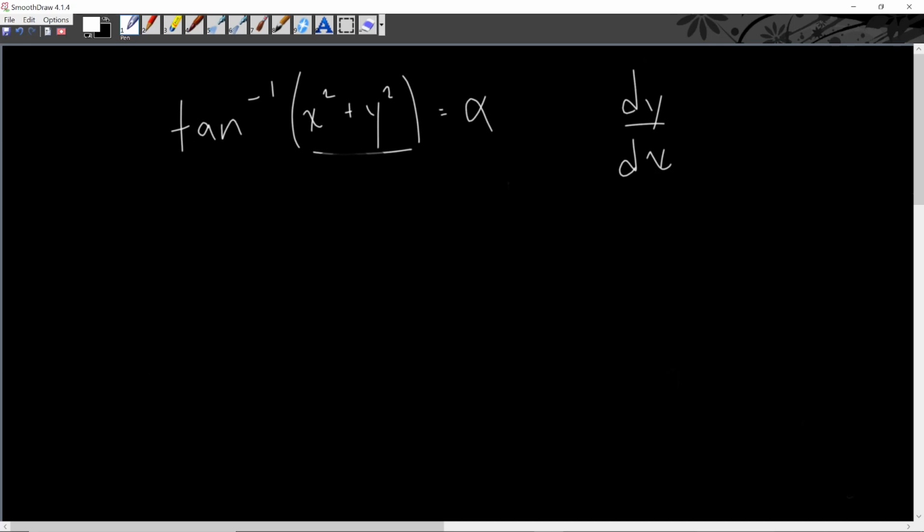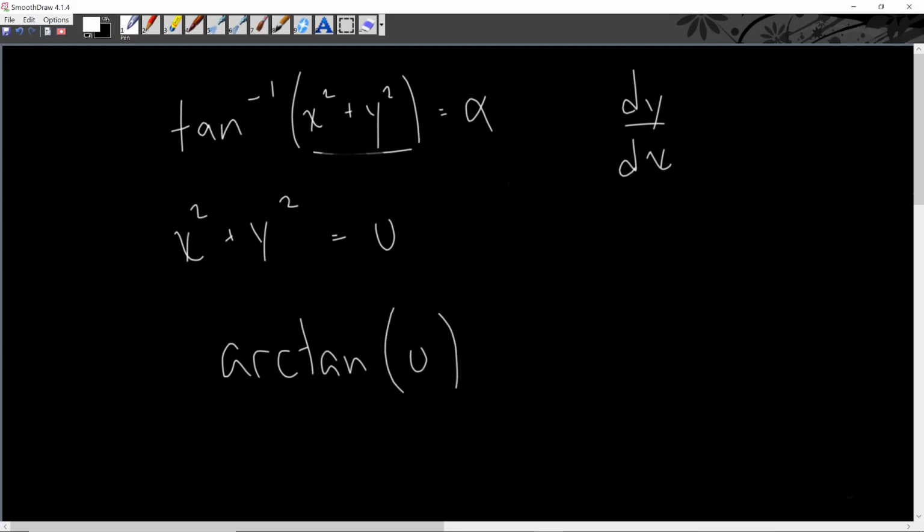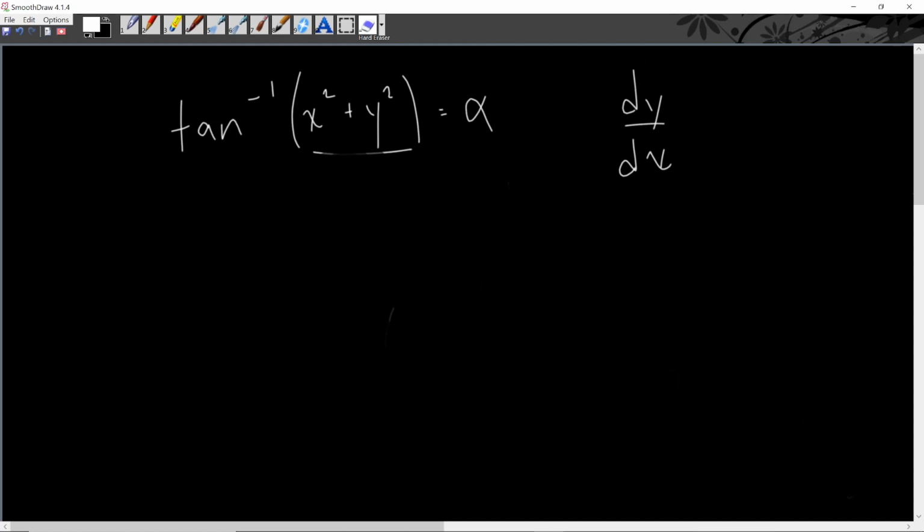So let's say that x squared plus y squared is equal to some function u, and then we are going to try and find arctan of u's derivative. So using chain rule, we're going to have to differentiate arctan times u prime. So like using that f prime of g of x times g prime of x.